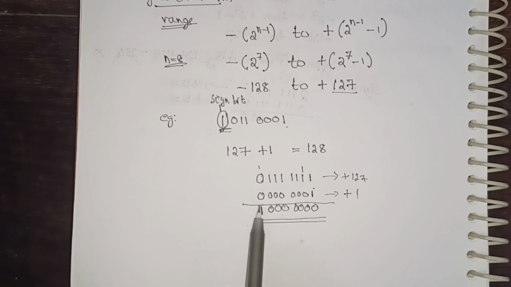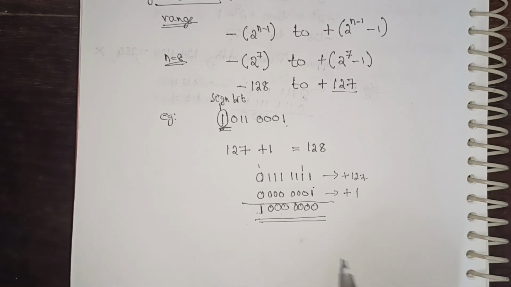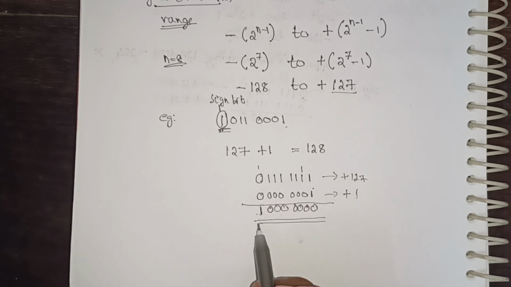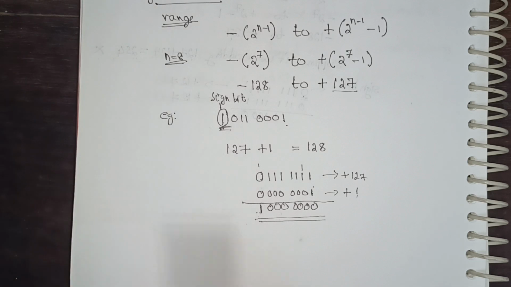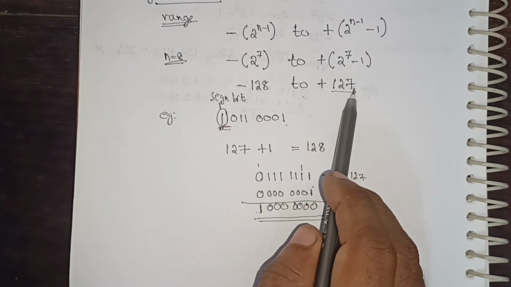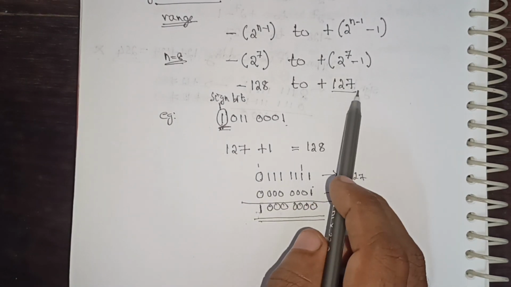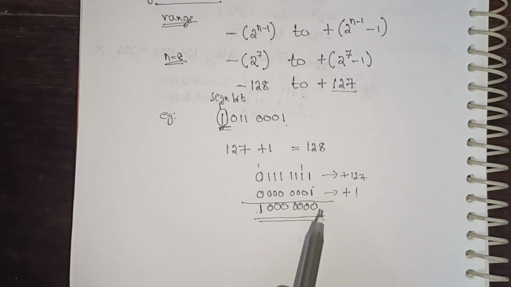So when the sign bit changes, the overflow flag is set. When the overflow flag is set, we should know that we are out of our prescribed range, that is positive 127. Okay, so the overflow flag is used in which arithmetic? Signed arithmetic only.